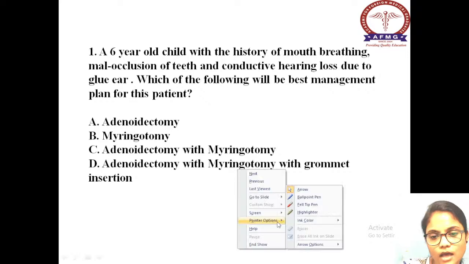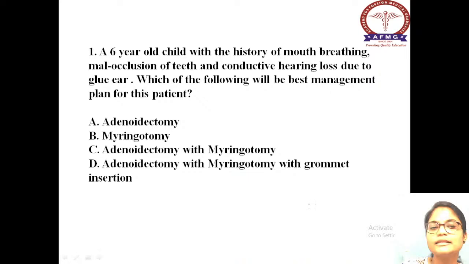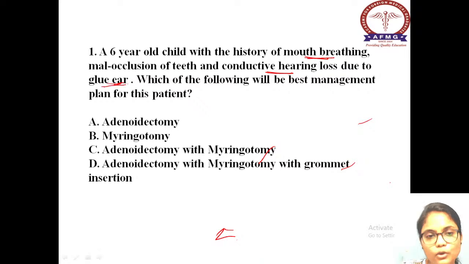See, in the question they have mentioned conductive hearing loss, where there is glue ear and mouth breathing. They have given you a clue. So for glue ear, obviously you have to do myringotomy along with grommet insertion.